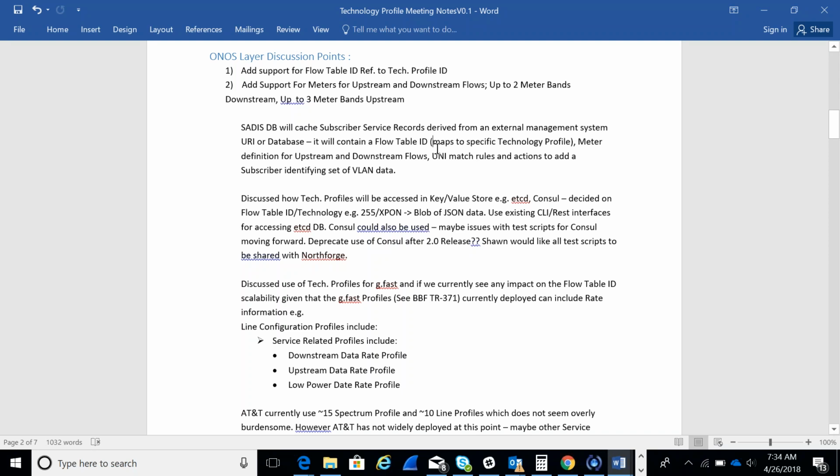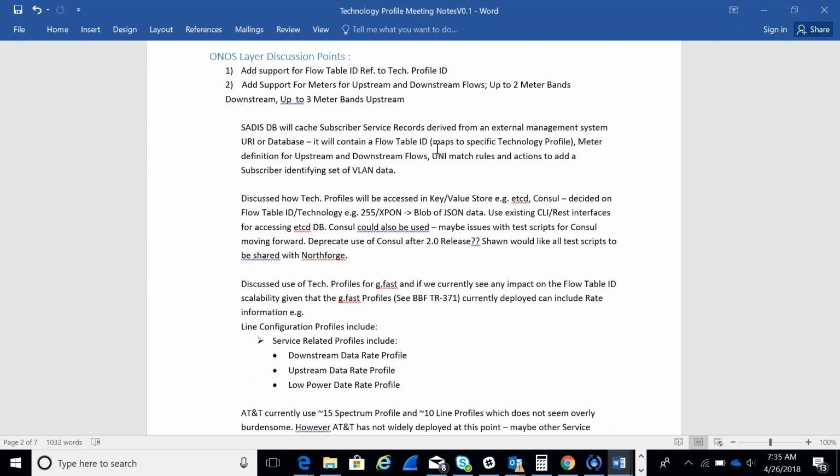The status database will be updated to hold that information, and as the subscriber authenticates in the AT&T model, the OpenFlow management application will push down the flows to the VOLTHA core, and the flows are passed down to the adapters.